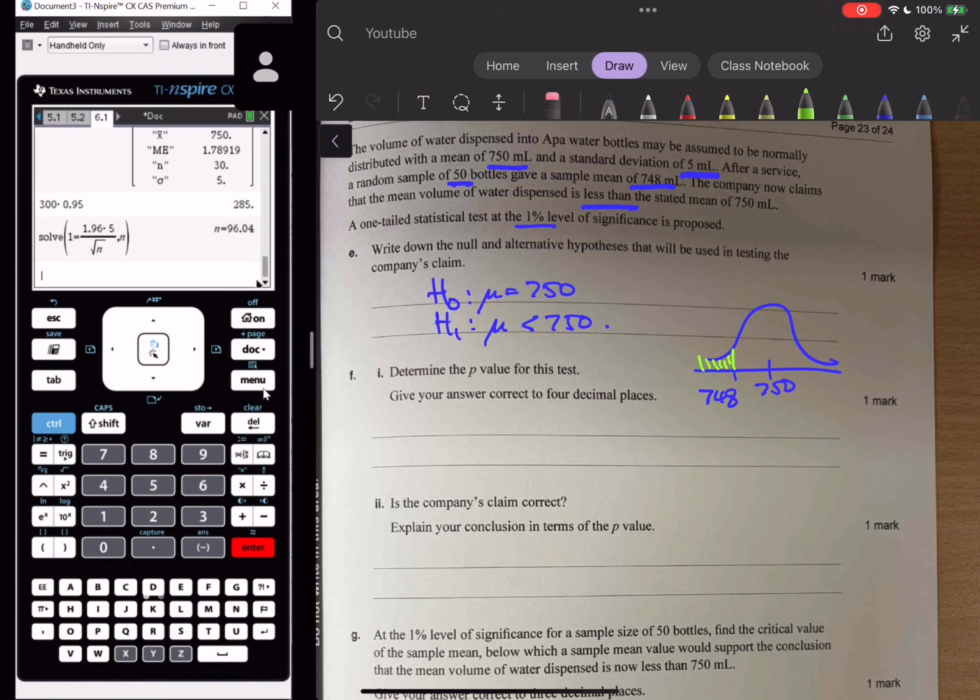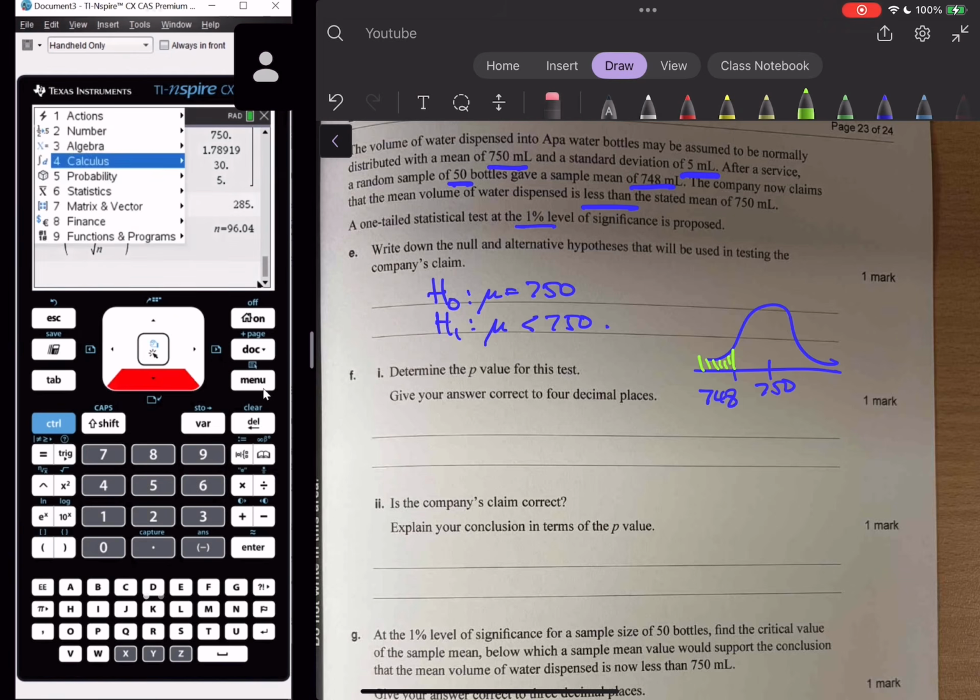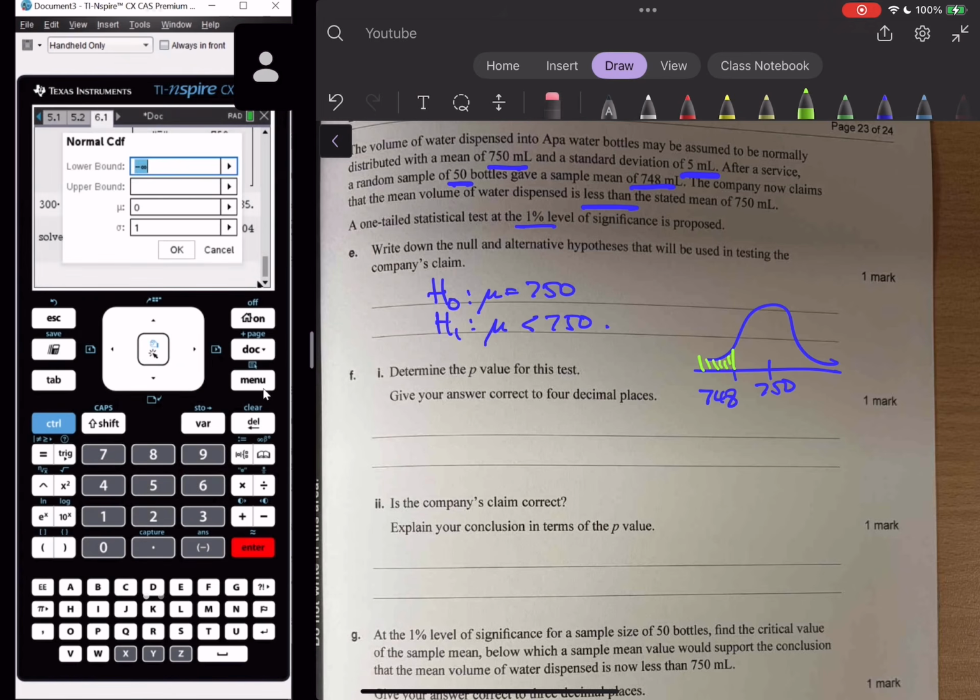So we're going to do probability, distributions, normal CDF, lower bound negative infinity, upper bound 748. The mean is 750, and the standard deviation is 5 divided by the square root of 30. Was it 30? No, it was 50.